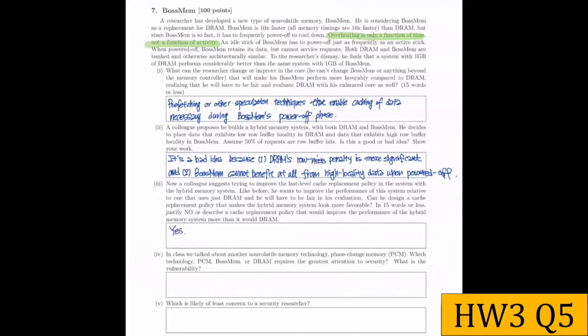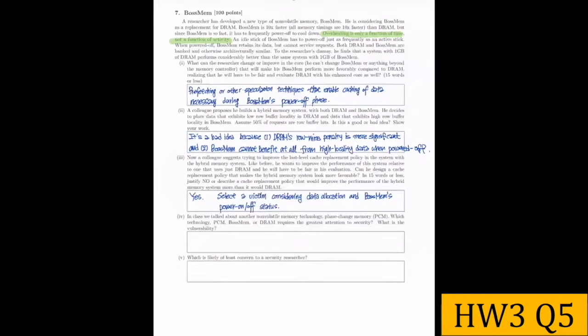And the cache replacement policy should select a victim considering the data allocation, meaning where the victim is stored currently, and the BOSMEM's power on or off status, right? Okay.